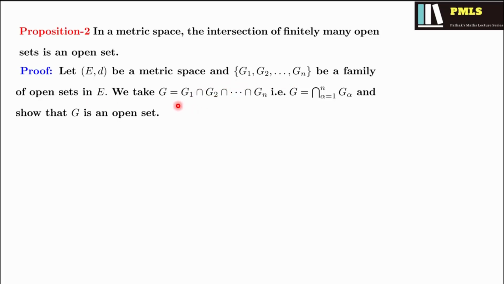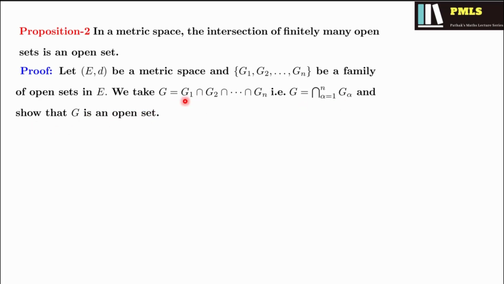And what we do is take G as the intersection of all these open sets. So G becomes equal to G1 intersection G2 intersection and so on up to intersection Gn, and in symbols we can write that G is equal to the intersection over alpha running from 1 to n of G alpha, and we want to prove that G is an open set.